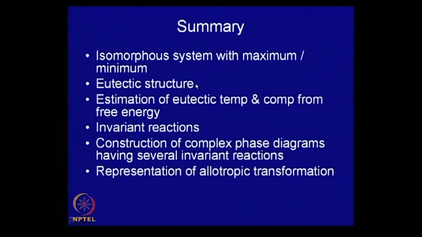The eutectic structure can be regular, say lamellar, rod like, or an irregular type of microstructure, but nevertheless eutectic will be an intimate mixture of two distinct phases. Then we have also seen one particular case where we calculated the eutectic temperature and composition from thermodynamic concepts. From free energy of transformation we have estimated it for the cadmium bismuth system.